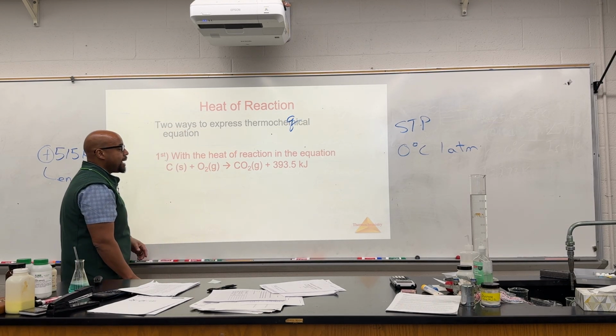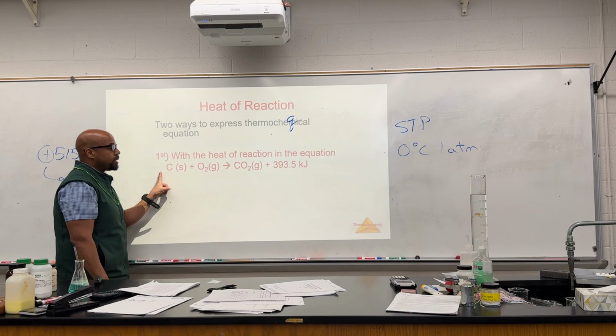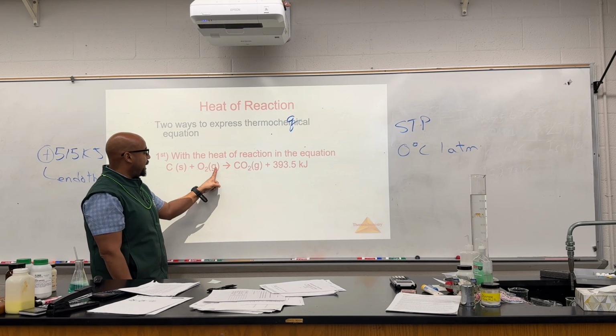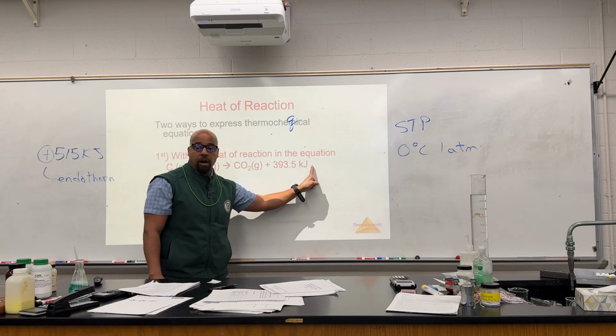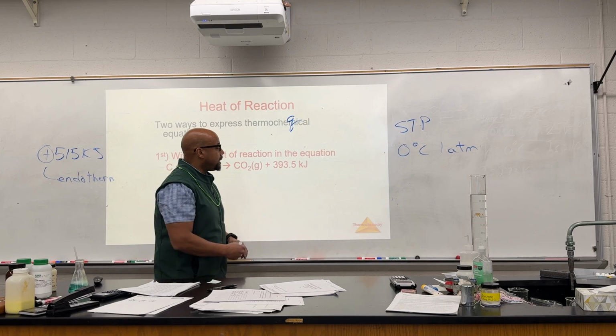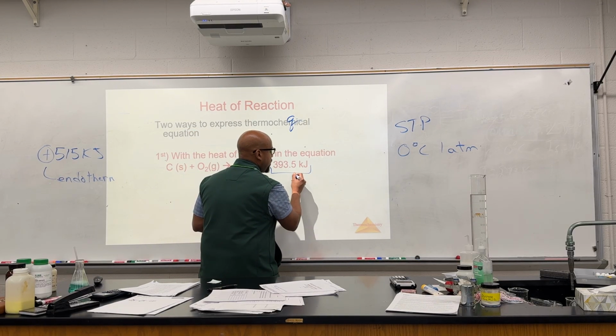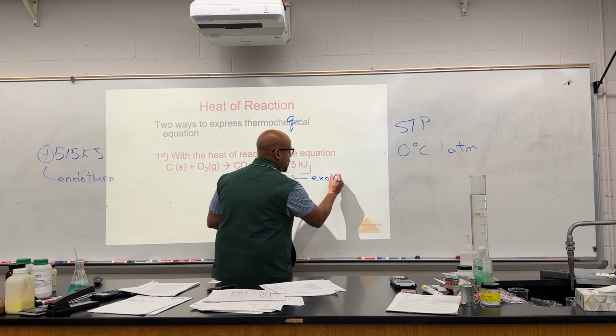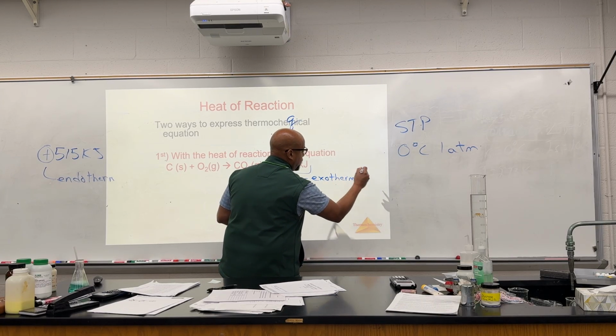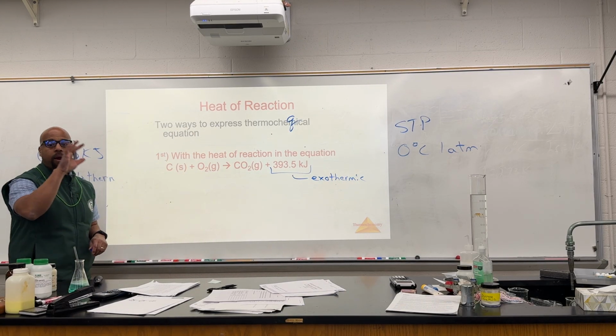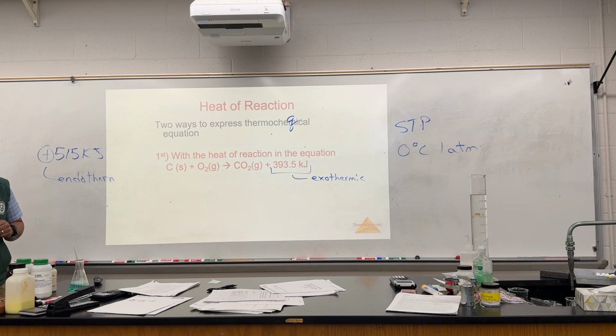The reason I know this is exothermic is because energy is not going into it. Energy is coming out. So when I see it on the product side, that automatically tells me exothermic. I don't need to do anything else.